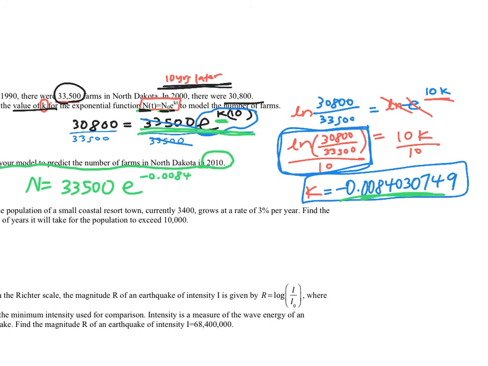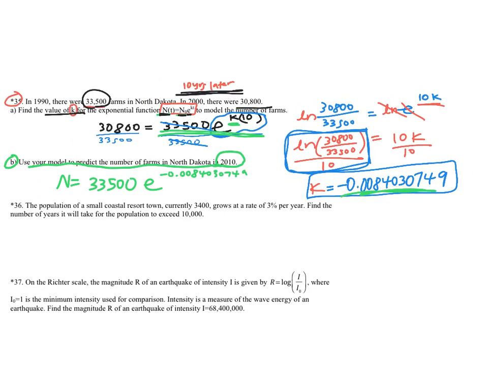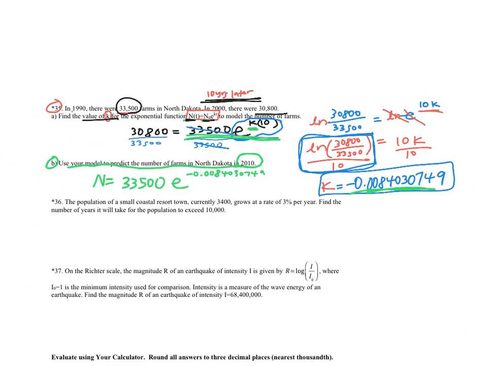So 0.0084030749. And for the t value, we started in 1990 and we're now at 2010. So the time that has elapsed is, right, what is that, 2010? That's going to be 20 years, so you put 20 there. Plug all of this into your calculator.